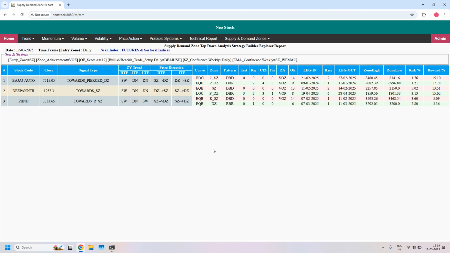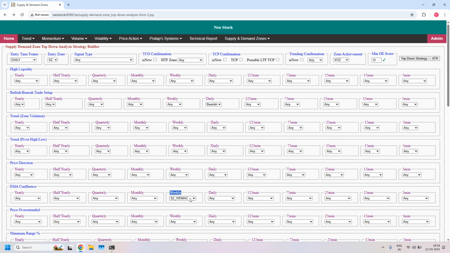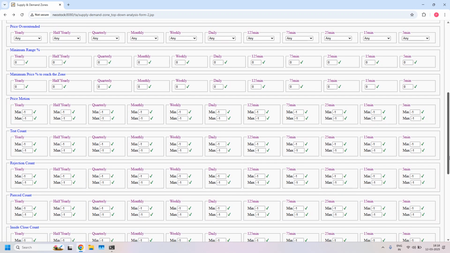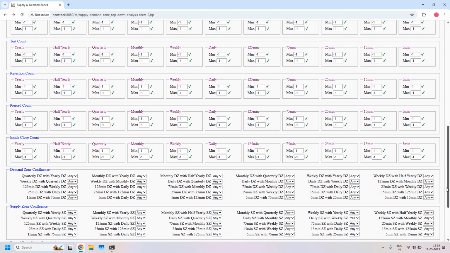Next, we will look into LTF, ITF, HTF supply zone confluence supported stocks. Removing the EMA filter, that is daily, weekly and monthly supply zone confluence supported stocks. Already the daily and weekly supply zone confluence filter is enabled. Next, daily with monthly supply zone confluence, and weekly supply zone with monthly supply zone confluence.